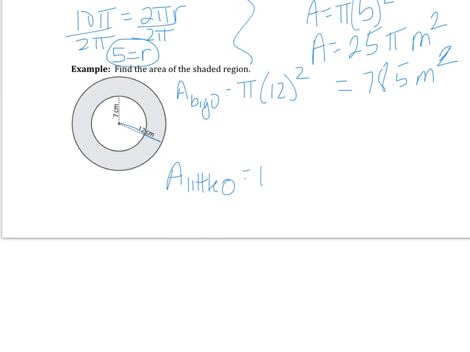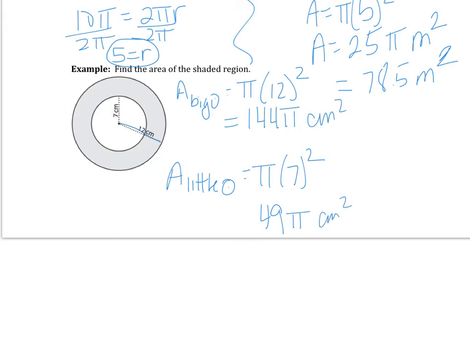And that's going to be pi times 7 squared. So this one is going to be 144 pi. And the small circle is 49 pi. We're talking centimeters squared.